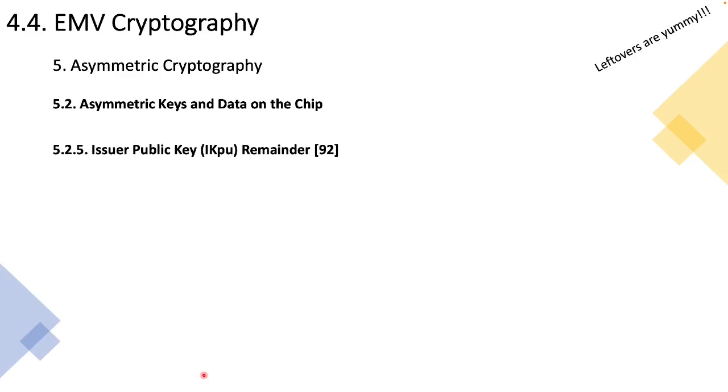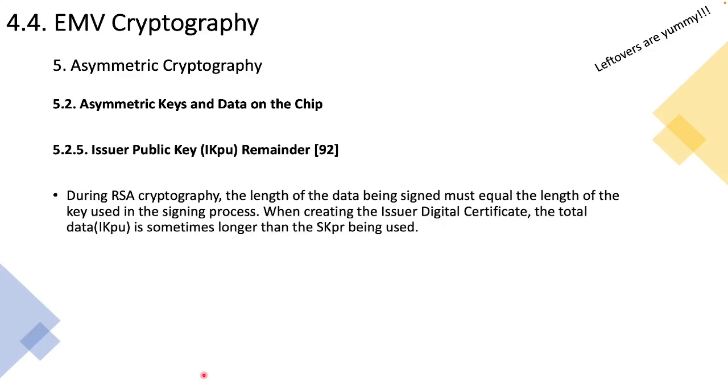Next, we speak of something called an issuer public key remainder, tag 92. During RSA cryptography, the length of the original plain text data being signed must be equal to the length of the key that is being used, the key used by the scheme to sign the issuer public key.